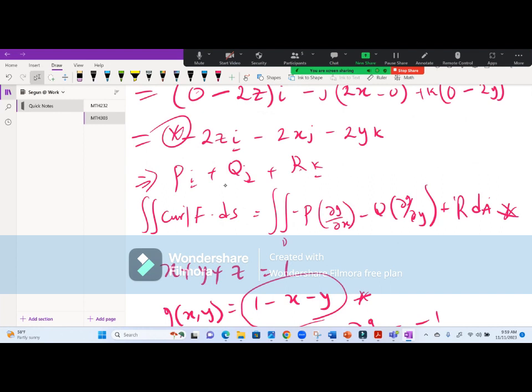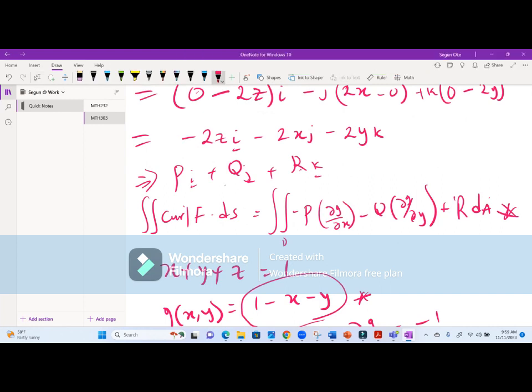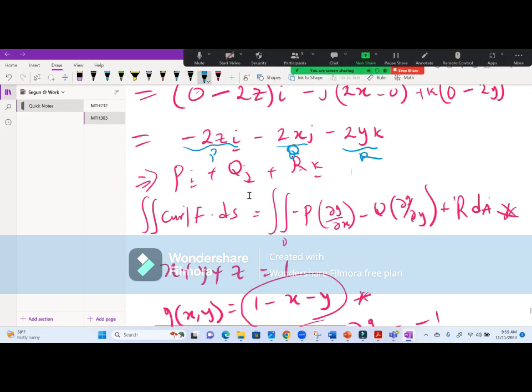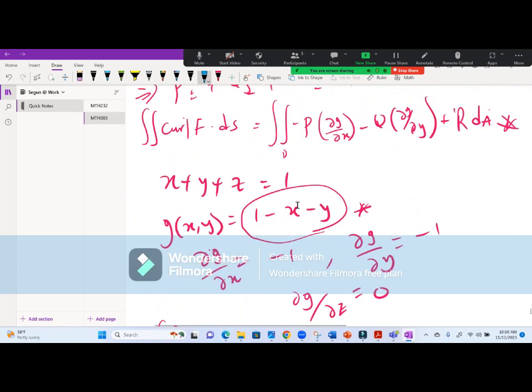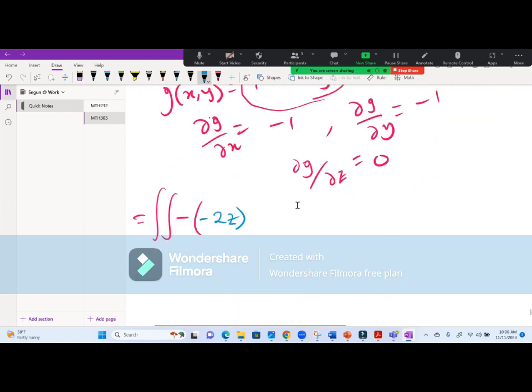This is our p, right? This is our q. And this is our r. Okay, sir. Now, our p is what? Negative what? 2z. Then the x is negative 1.